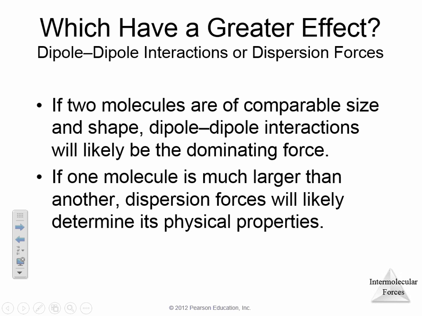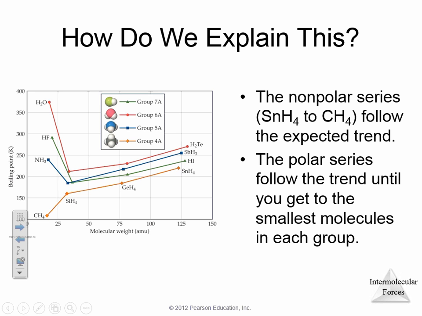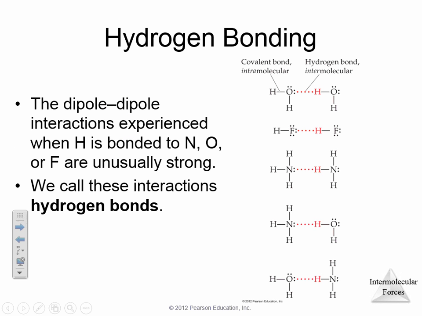However, if one molecule is much larger than the other, dispersion forces will likely determine its physical properties. So keep that in mind. If the molecules are comparable in size and shape, it's going to be a dipole-dipole interaction. If one molecule is much larger than the other, it's most likely going to be a London dispersion force affecting it. So we can go on and explain that, but you have the general trend there.